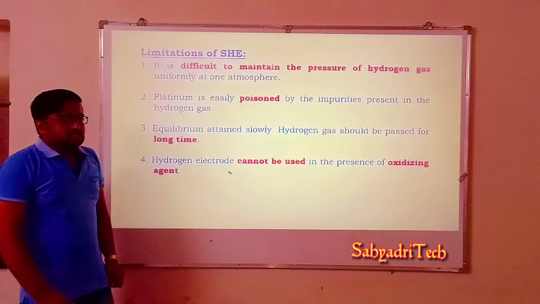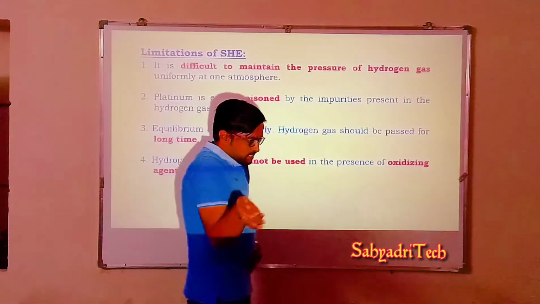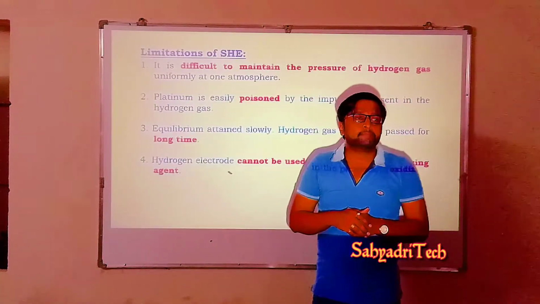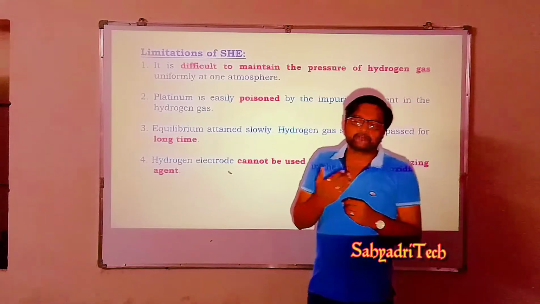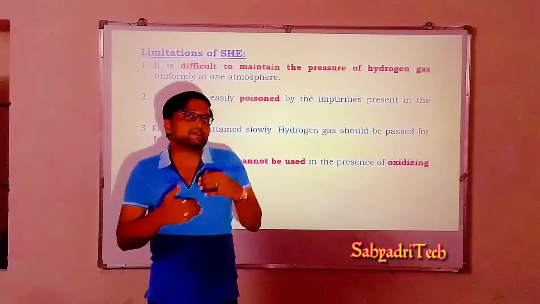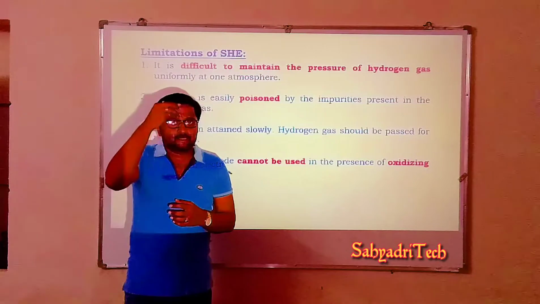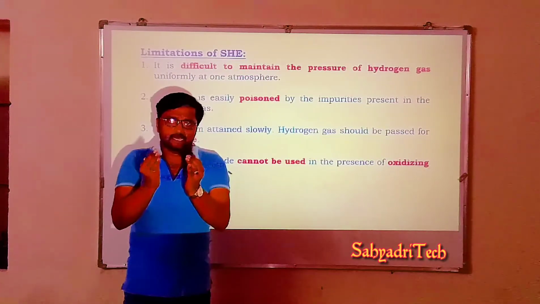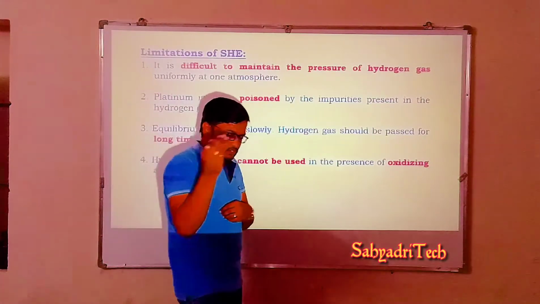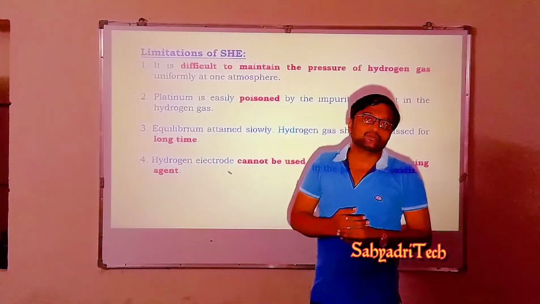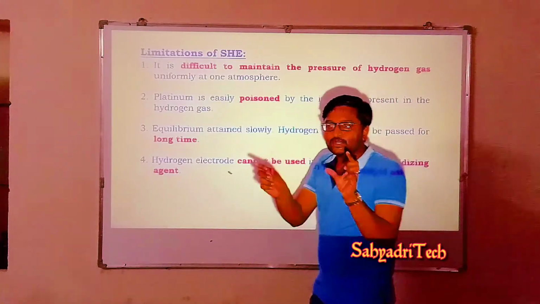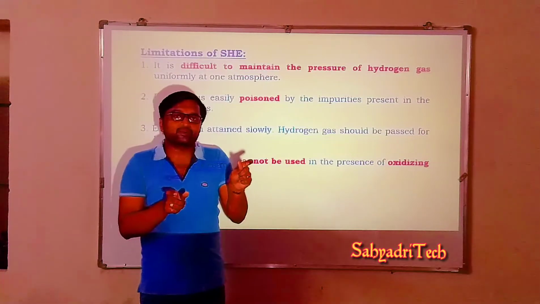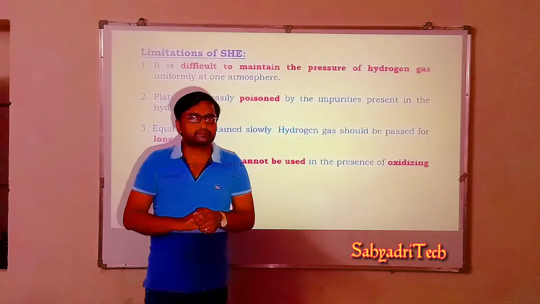The second limitation is, well, say we are maintaining the pressure of hydrogen gas at 1 atmosphere itself. But one more thing is, if hydrogen gas is associated with some other gases, say during isolation of hydrogen gas, if it is associated with some other gaseous molecules, in such a case it is going to disturb the equilibrium between H plus ion and hydrogen gaseous molecules.